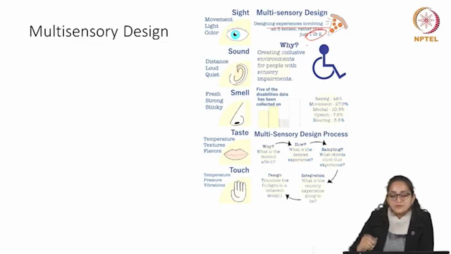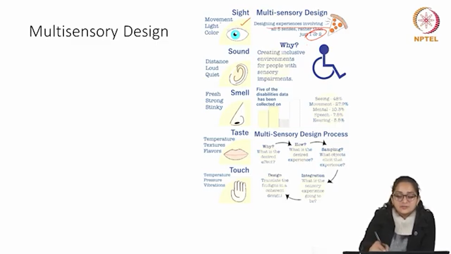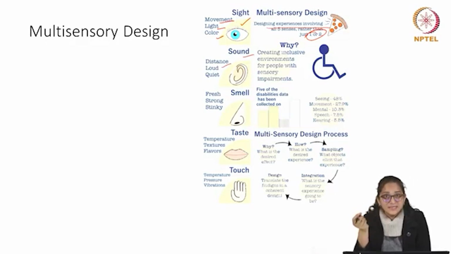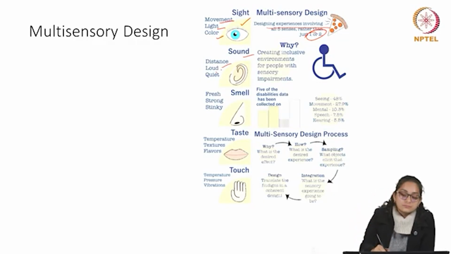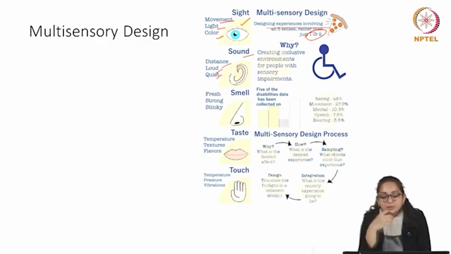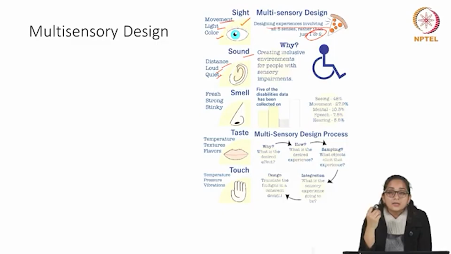We are talking about sight, which involves movement, light, color. We're talking about sound, which helps us in governing distance, loud, quiet, all of those aspects. We're talking about smell. It helps us in identifying if something is fresh, if something is now stale, or is stinky, or all of those.